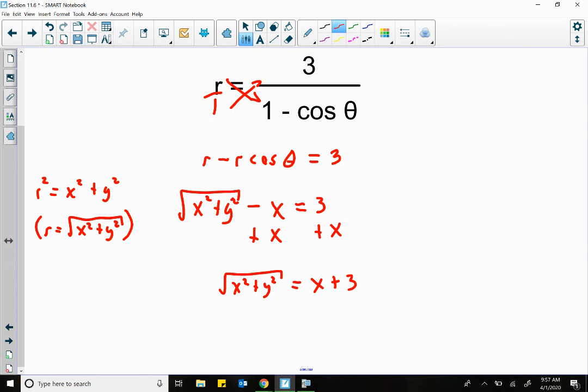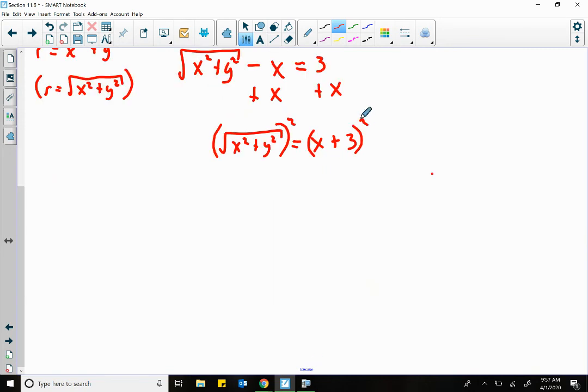How do I get rid of a square root? Just gave you the answer. Square it. Which means I also have to square that side. And that doesn't mean distribute the 2 through. That means I have 2 of these x plus 3's. So you have to do some FOIL on that right side there.